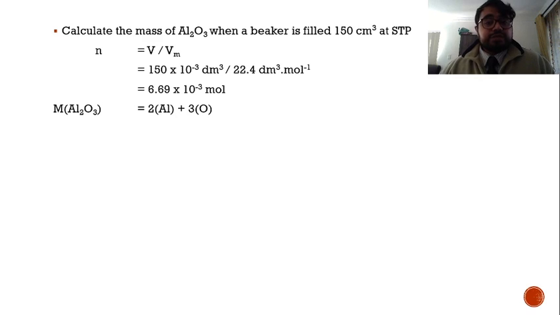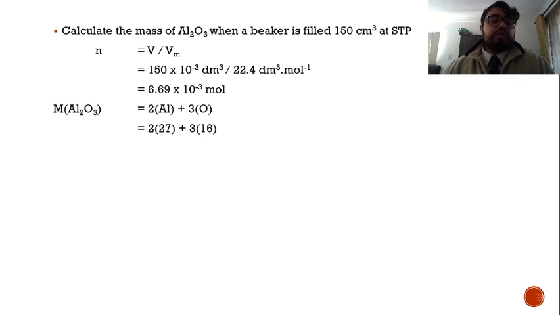Now we have to calculate the molar mass of the compound because we want mass, and our mass equation requires molar mass. So we have two atoms of aluminium and three atoms of oxygen. Aluminium on the periodic table is 27 grams per mole, and oxygen is 16 grams per mole.